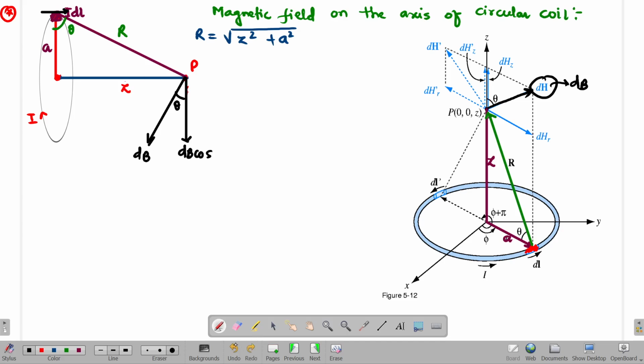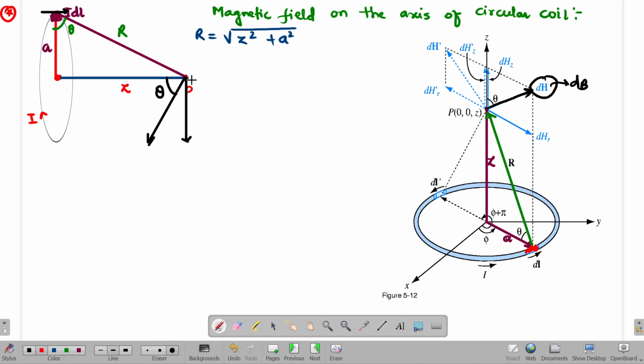Sorry, this is not cos theta. See, this is theta, and this whole is perpendicular. So if this is 90 minus theta, this is theta. Yes, this will be theta with the z axis.